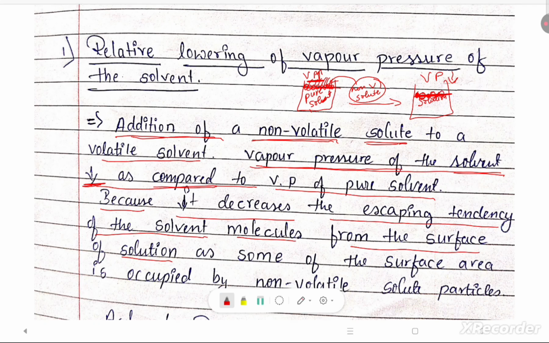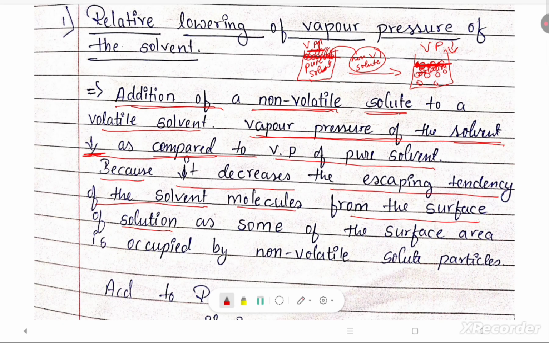Both particles are present on the surface of the solution. So the escaping tendency of the solvent molecules will decrease, so the vapor pressure will also decrease.